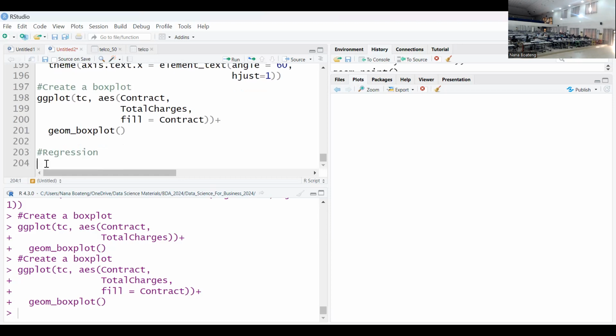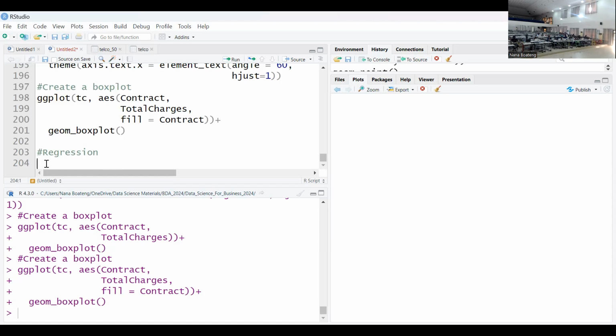So let's see how monthly charges, and then we did a scatter plot, didn't we? Of monthly charges and then the total charges. Okay. So let's see how they are related in terms of regression.